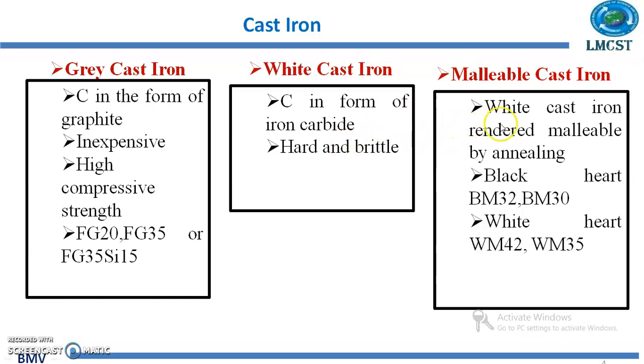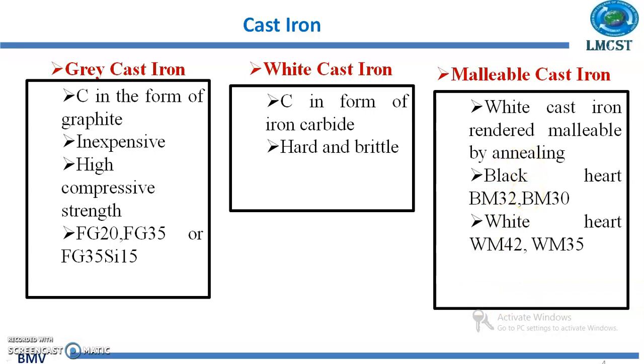Now we have malleable cast iron, and these are actually white cast iron rendered malleable by annealing. These are tougher than grey cast iron and can be twisted or bent without fracture. This material possesses excellent machining properties and is inexpensive.